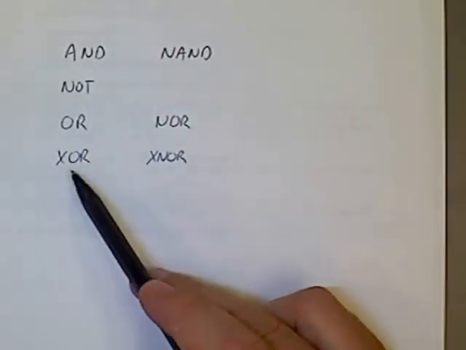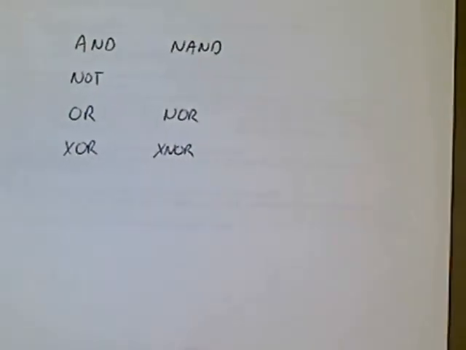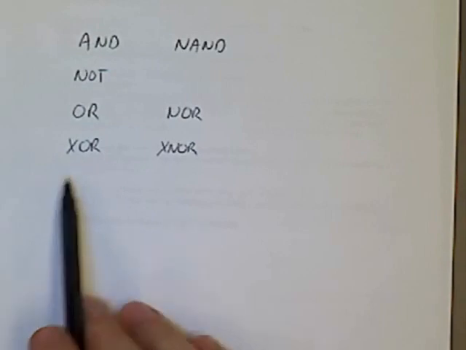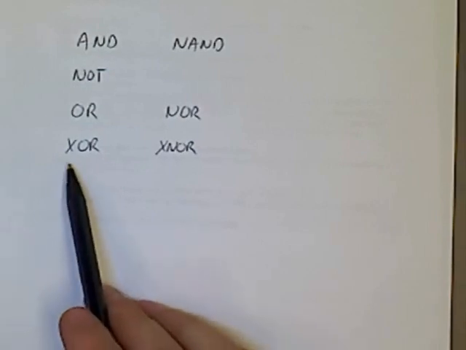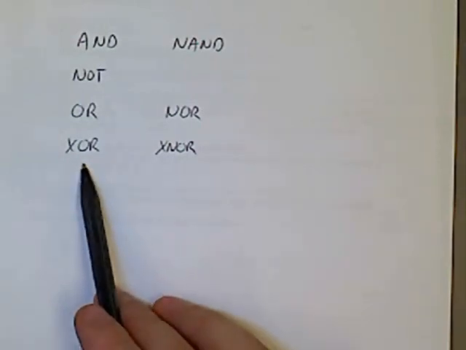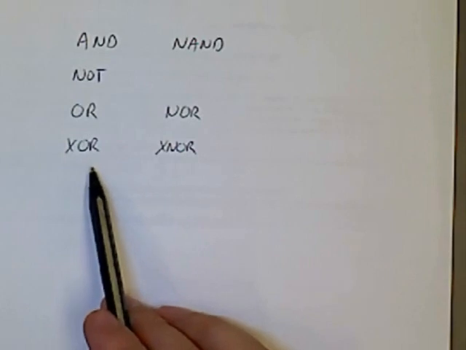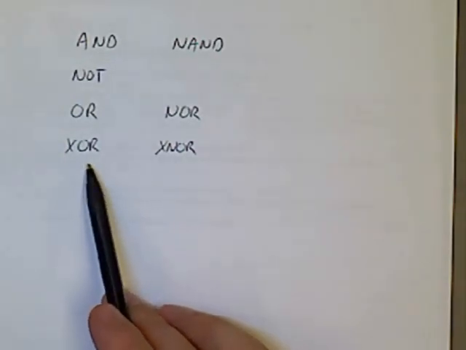The XOR works a little bit differently. Exclusive OR is what the X stands for, where if only one of the inputs is high, then the output is high. Or another way to think of it is if the inputs are different, the output is high.